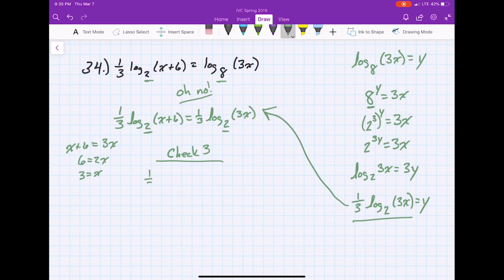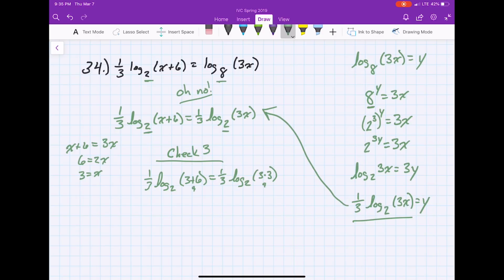So I'm just going to put it into our revised logarithm. So 1/3 log base 2 of 3 plus 3 equals 1/3 log base 2 of 3 times 3. Oh, wait, not 3 plus 3. 3 plus 6. What am I thinking? There we go. So equals 1/3 log base 2, and then it's 3 times 3.